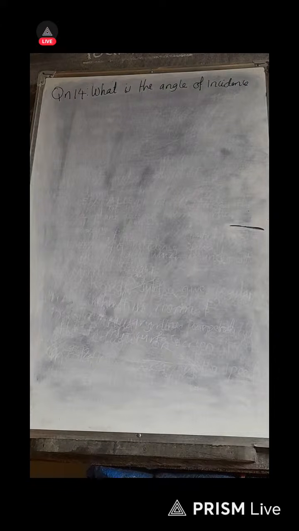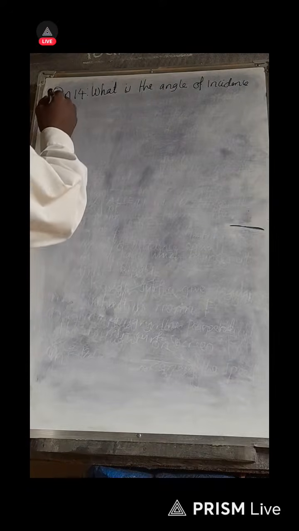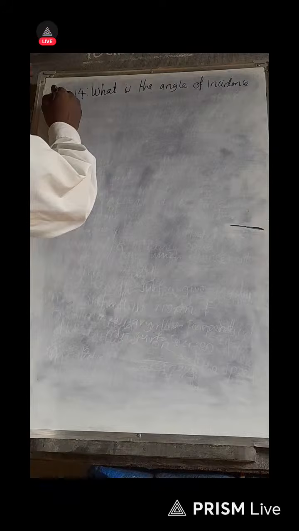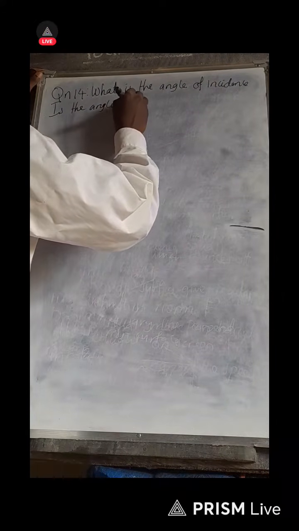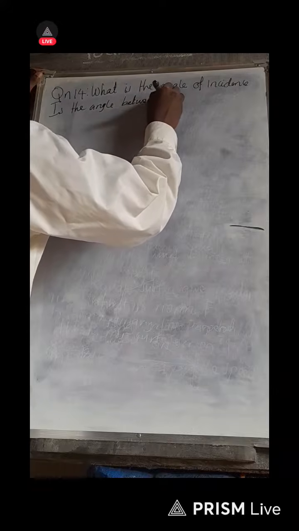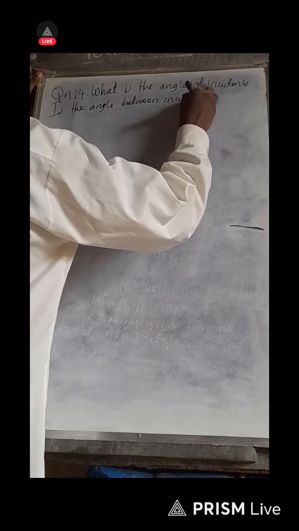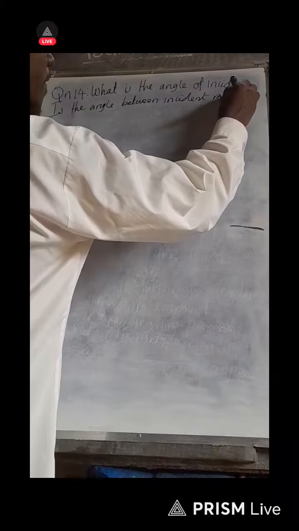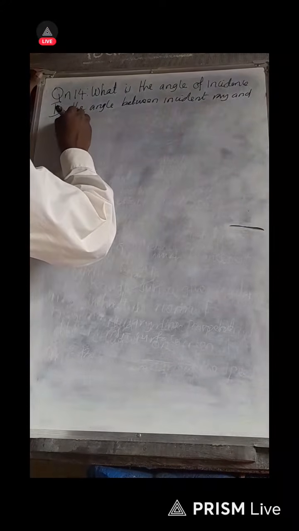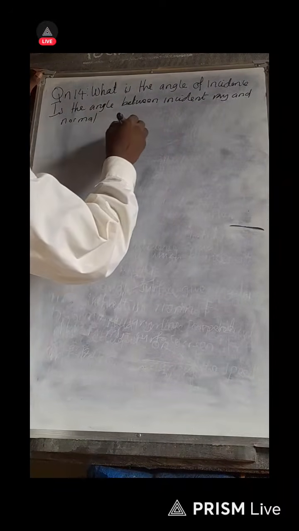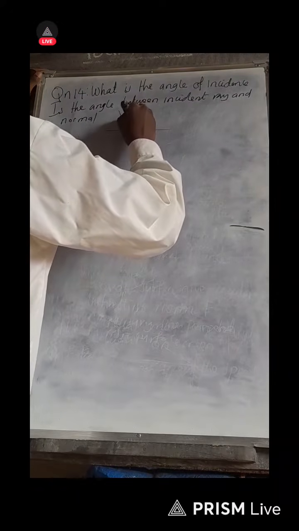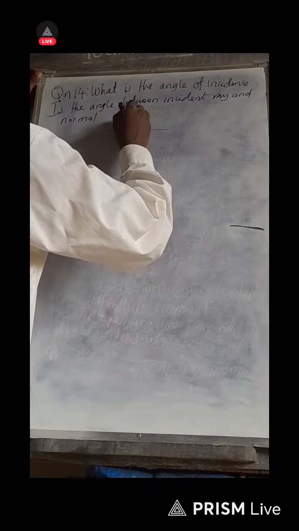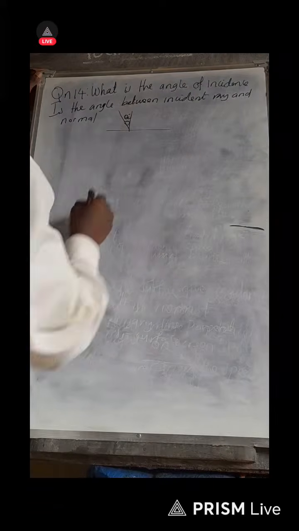The angle of incidence is the angle between the incident ray and the normal. If you have the plane mirror like this, the incident ray this, and the normal this, then this angle here we call the angle of incidence.